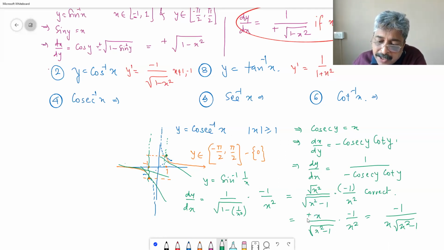This should be plus or minus x, okay? And then we go back to the graph and check whether we want minus or plus, and we want plus every time. We want plus every time, therefore we make it like this.